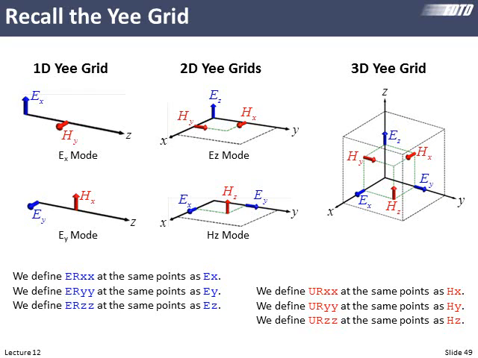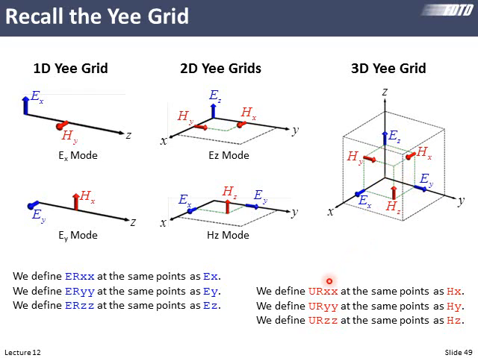We also said that we will define our relative permittivity terms, epsilon xx, to be at the same points as the x component of the electric field. Epsilon yy will be where Ey exists. Epsilon zz will be where Ez exists. So our epsilon xx's will be defined at these points within the cell. Epsilon yy will be defined at these points, and epsilon zz at these points.